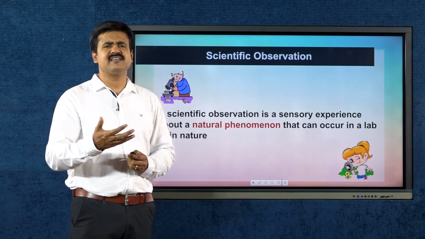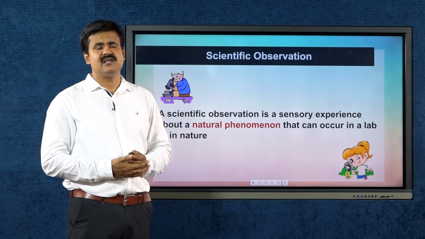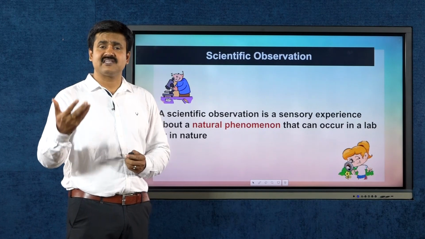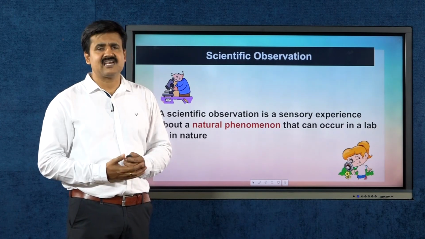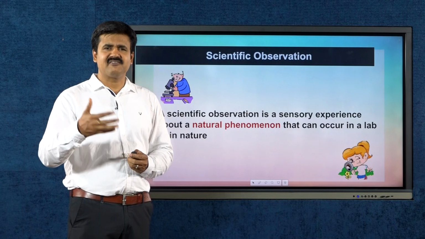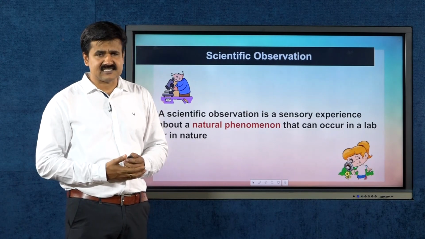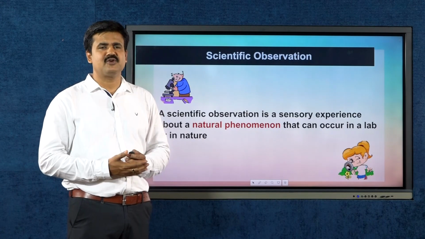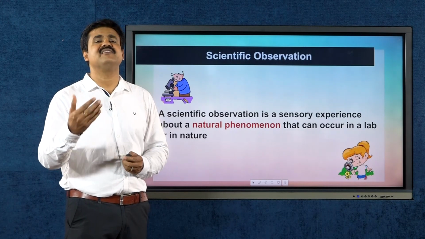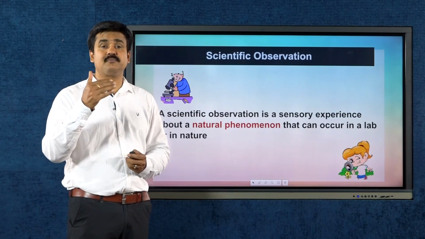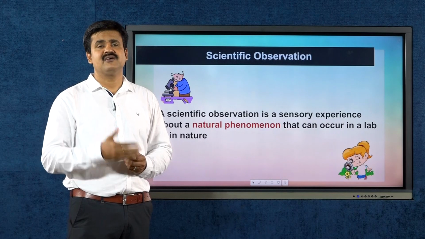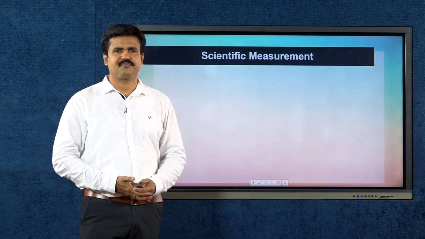And we are observing each and every natural phenomenon, or some phenomena that may occur in the chemical laboratory or in the physical laboratory, or whenever we are dealing with some biological systems. If we are seeing some natural phenomenon, we have to observe it very carefully. That is the first part of the systematic way of studying science.